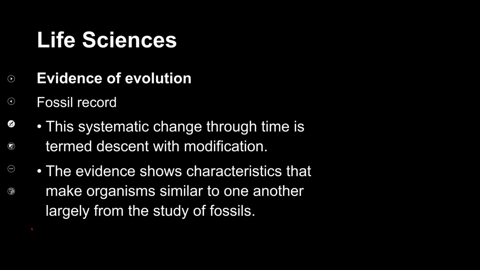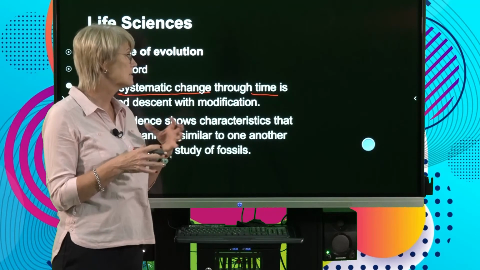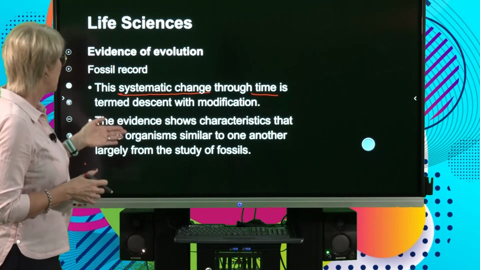All right, so the fossil record shows a systematic change. As I said on the previous slide where I showed you the different layers of fossils, it's a systematic change that has taken place through time. So it didn't just happen. It can take up to 10,000 years, and the earliest that something starts to become fossilized is about 10,000 years.